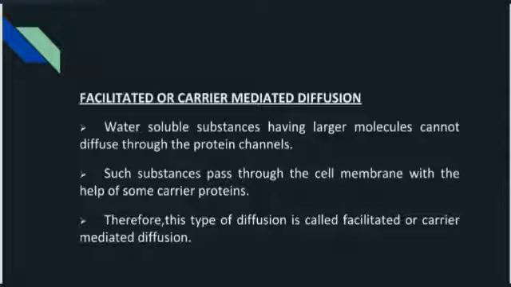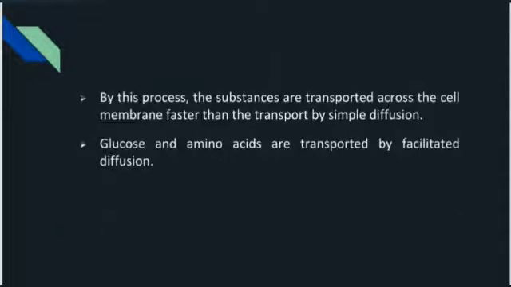Therefore, this type of diffusion is called facilitated or carrier-mediated diffusion. By this process, the substances are transported across the cell membrane faster than by simple diffusion. Glucose and amino acids are transported by facilitated diffusion.